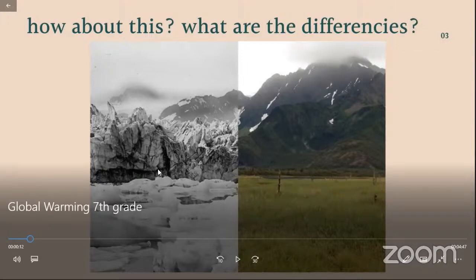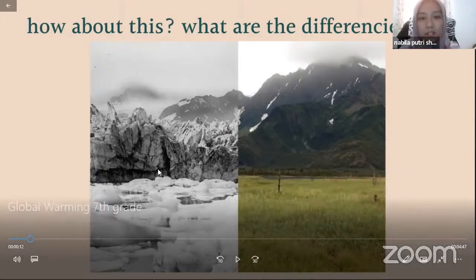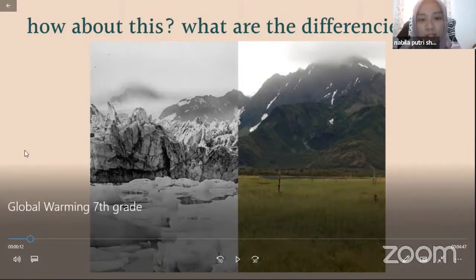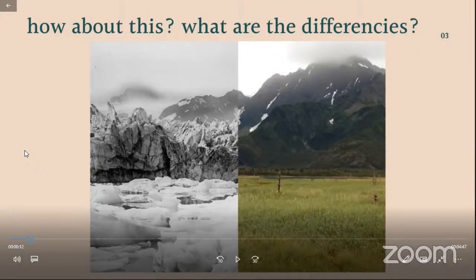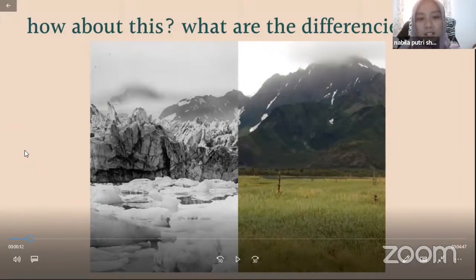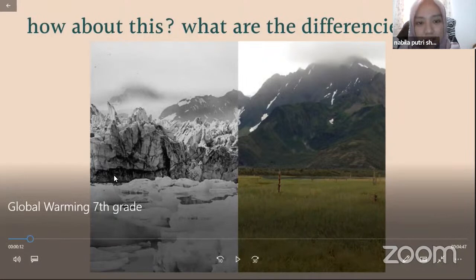And then the other differences or the other effects of global warming. Who can mention it? The living things that live there. Like on the right side, there are so many grasses. Yes, the living things. So, Felicia, how are the living things on the left side?